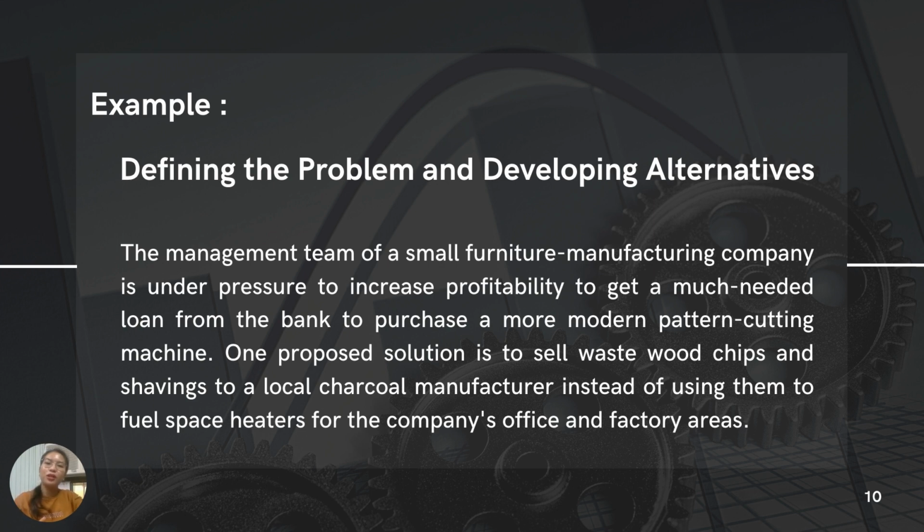Okay, now let's put into example all that we have discussed earlier. So, defining the problem and developing alternatives. Let's cover that process, steps first, okay? So, say that a management team of a small furniture manufacturing company is under pressure to increase profitability to get a much-needed loan from the bank to purchase a more modern pattern cutting machine.